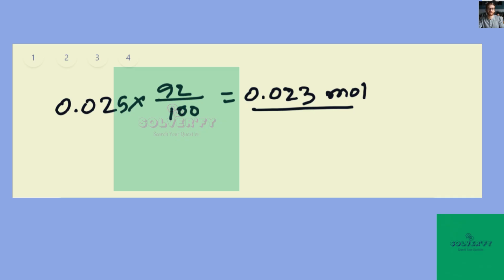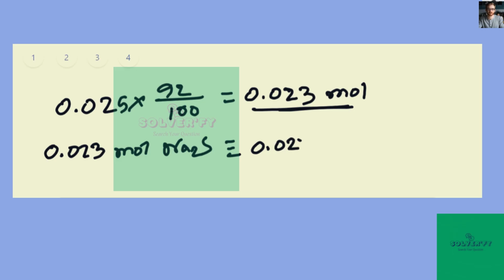Now we will have to find out the mass for this much mole of sodium sulfide. So 0.023 mole of sodium sulfide means 0.023 mole times the molar mass of sodium sulfide, which is 78 gram per mole, and it will give us a value of 1.79 gram.